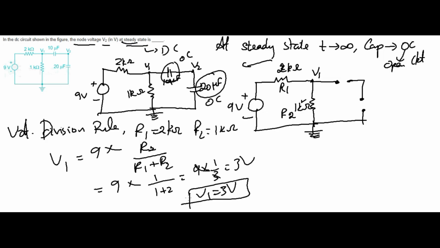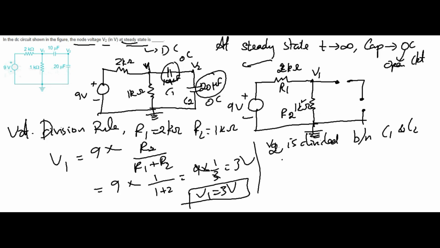This is very simple. Now what do I do? Listen to me. The V1 is divided between C1 and C2. This one is C1, this one is C2. So V1 is divided between C1 and C2, and then I have to find V2.